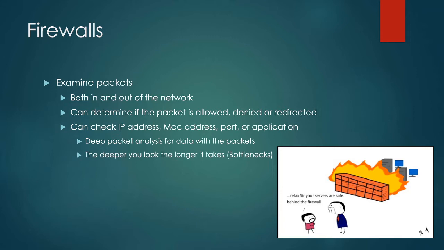We can do it by looking at MAC addresses, or we can do it by looking at the port that the packet is going to be using or the application that the packet is for. You can do a deep packet analysis for data. However, the more deep packet analysis that you do, the longer it's going to take, which is generally going to give you bottlenecks.